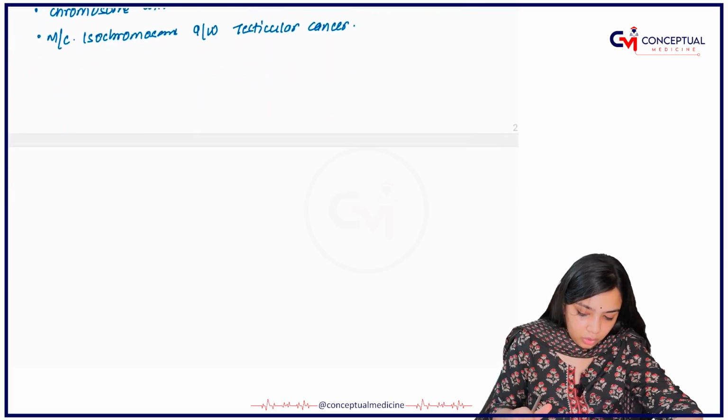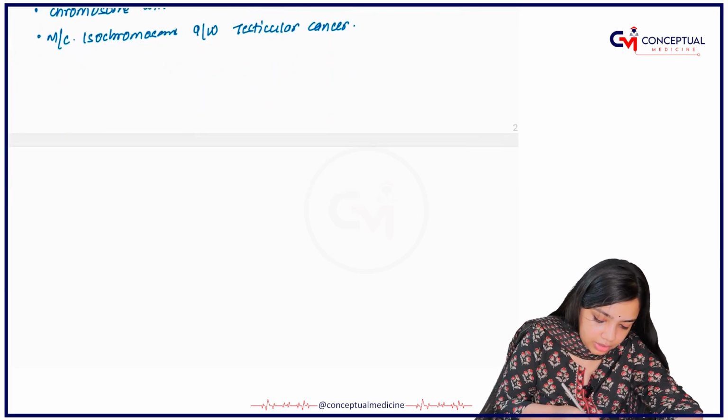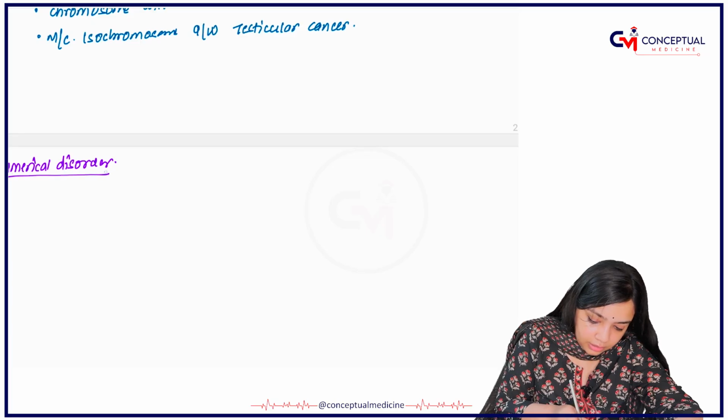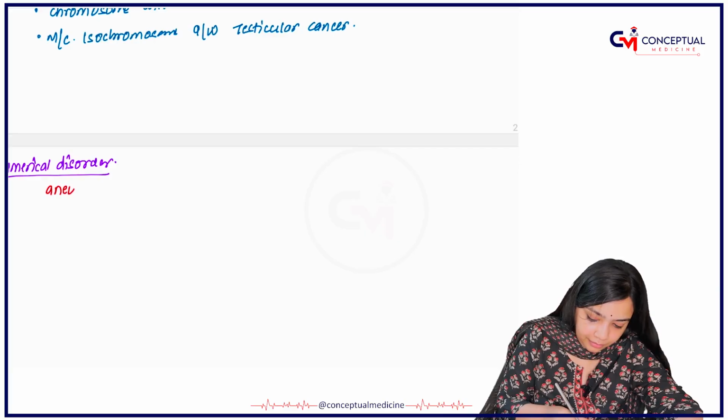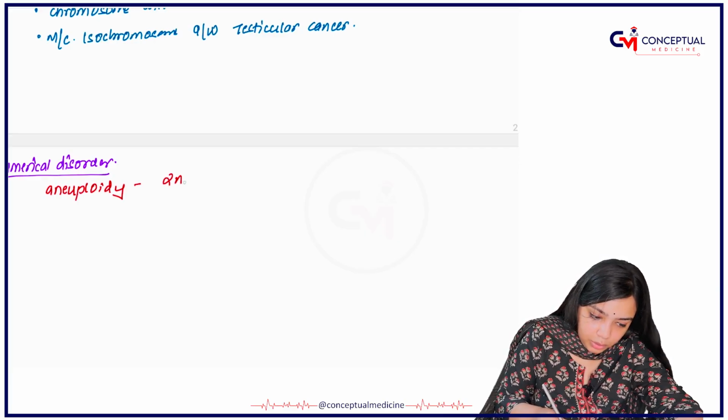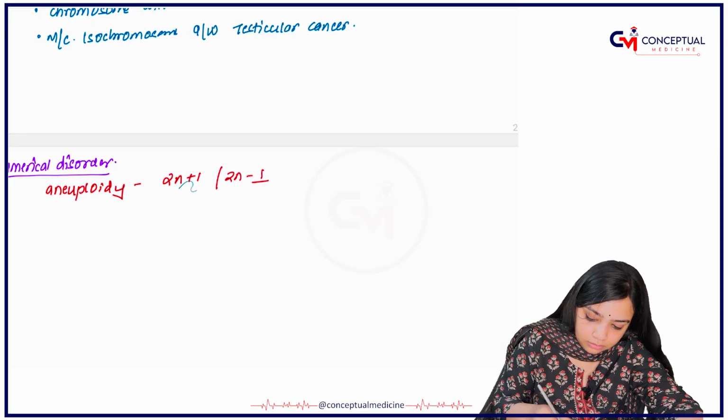Okay, numerical disorders. What are numerical disorders? Numerical disorders mainly mean aneuploidy. It can be either 2n plus 1 or 2n minus 1. What is n?